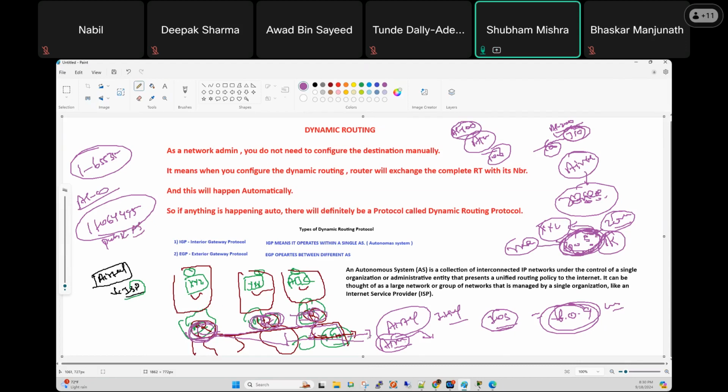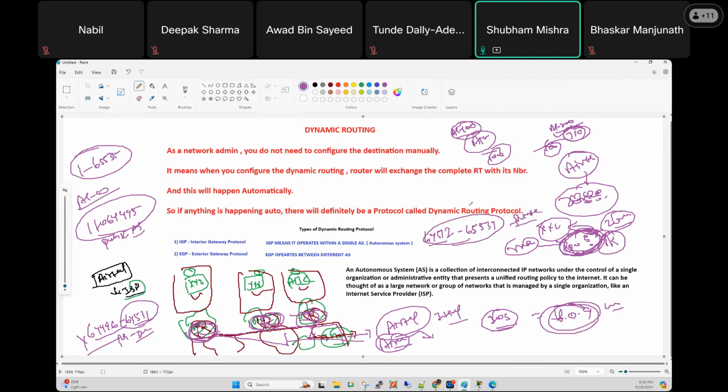Then 64,496 to 64,511, you can check the exact values on Google, are also reserved for documentation purposes, so we are not assigning these AS values. After 64,511, there is 64,512 to 65,534, which is called private AS.